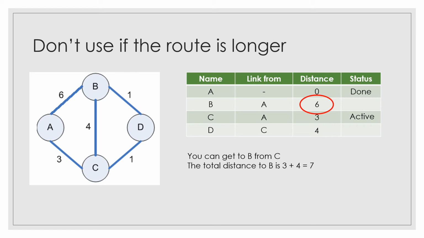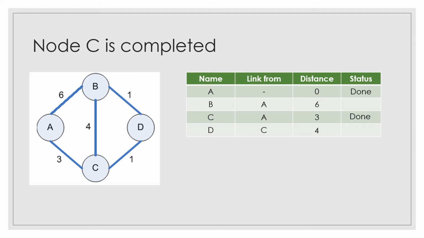That would mean we're adding a longer route to the table, and the whole point of Dijkstra is to find the shortest route. So if we ever find a route that's worse, we don't write it into the table. And now we've finished node C. And so we write done into node C, and we won't ever revisit node C again.